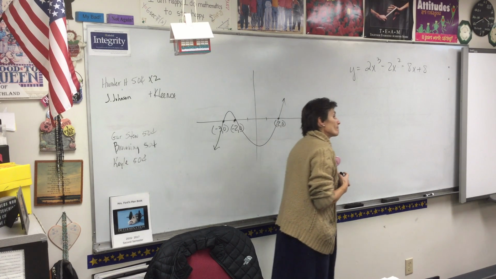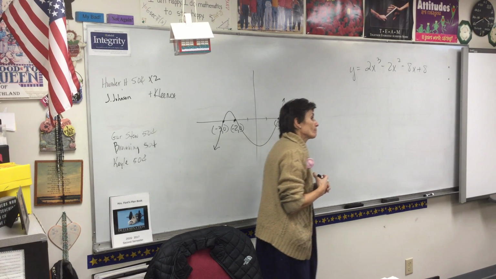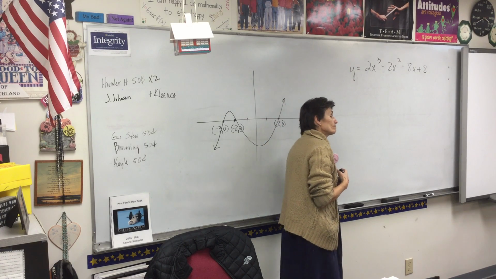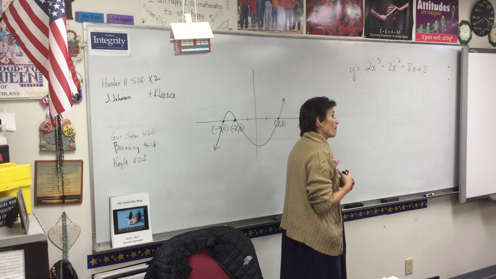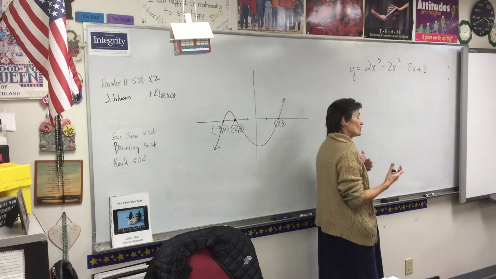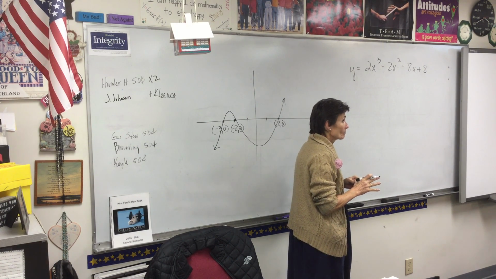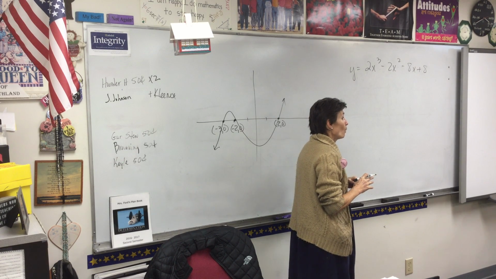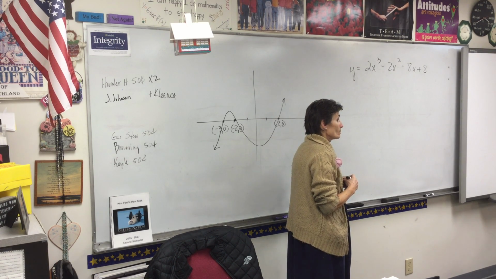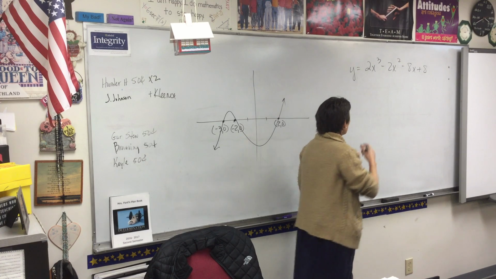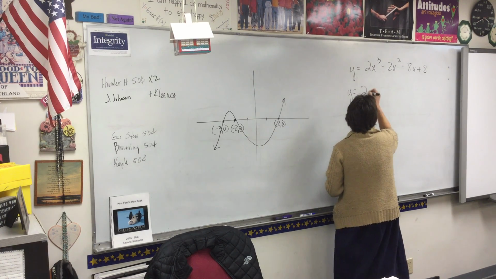First, one factor. Yep. How are you going to do that? You take a 2 out. Of what? The whole thing? Yeah. Oh, okay. We can take a 2 out of the whole thing.